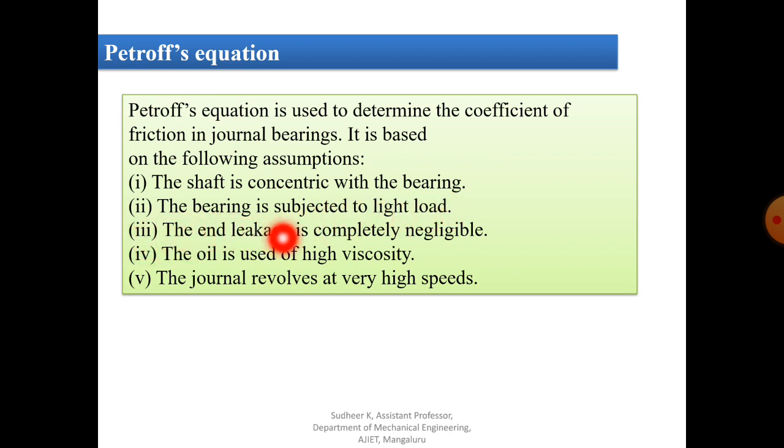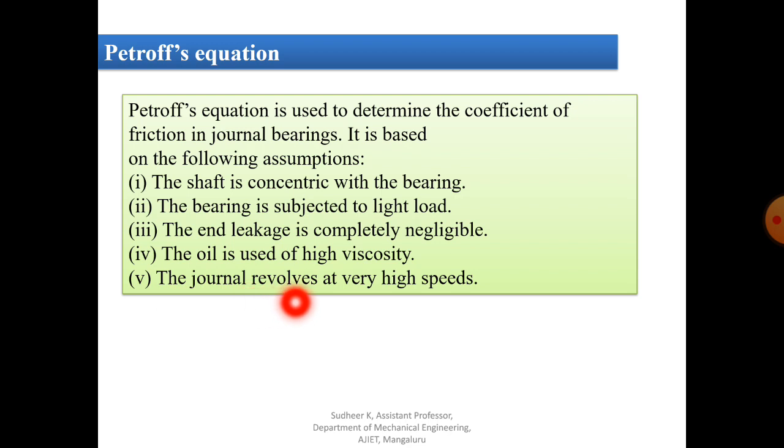Second, the bearing is subjected to a light load, not a heavy load, and the shaft is always concentric with the bearing. Third, the end leakage is completely negligible, so there should not be any kind of leakage in the bearing. Fourth, the oil used is of high viscosity. The viscosity of the oil should be high, so you have to select such oil.